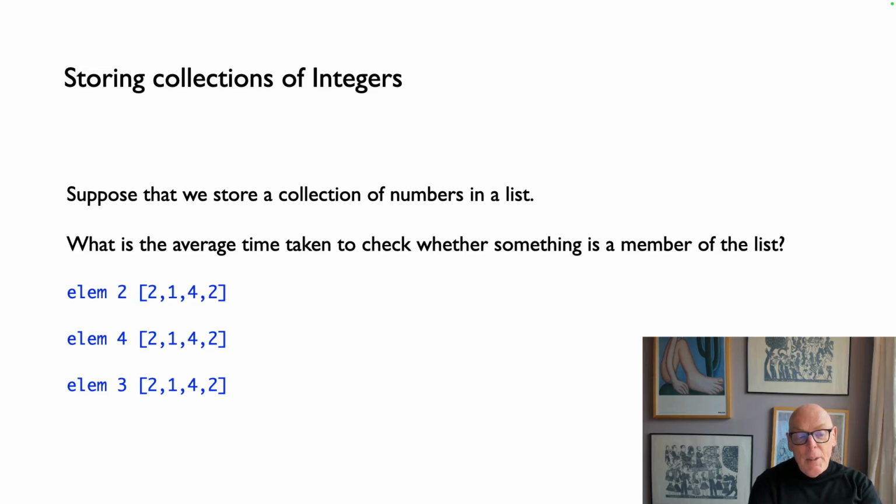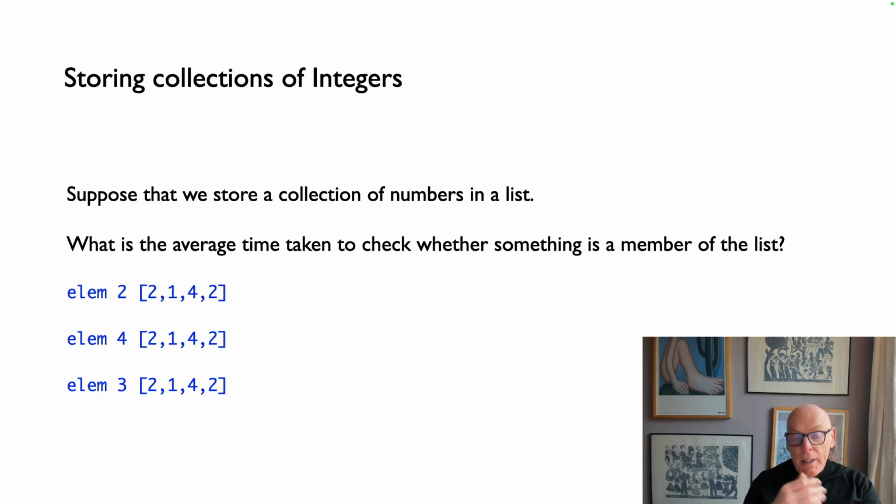In the case of the element 2, we only have to look at the first element of the list. In the case of the element 4, we have to look at 3 out of the 4 elements. For the element 3, we have to look at every element because 3 is not there. So it looks like we're going to be linear or something close to linear.